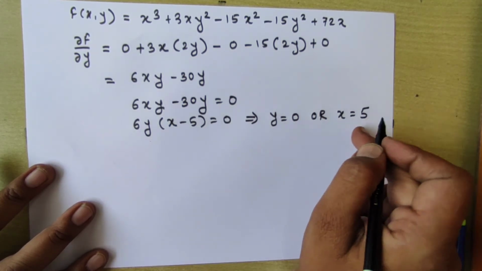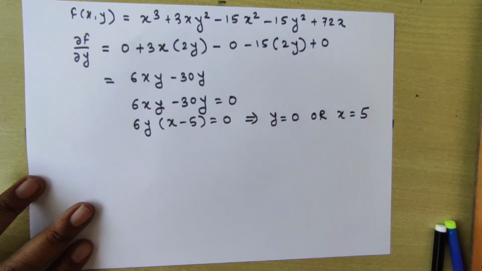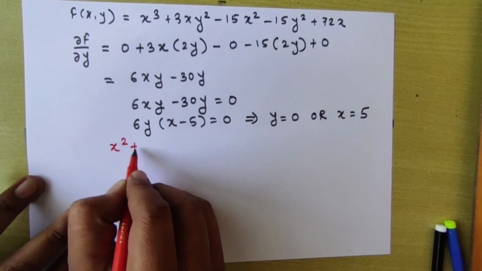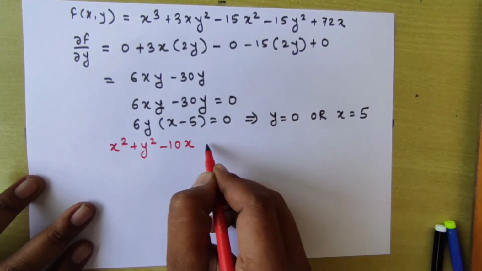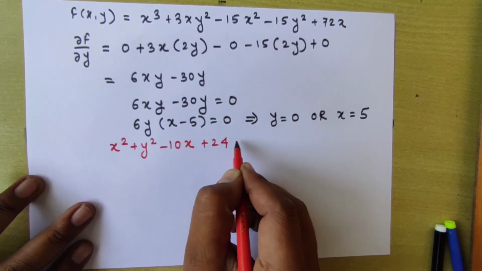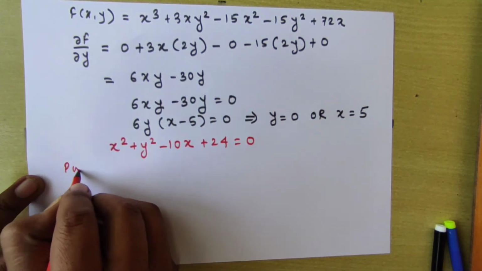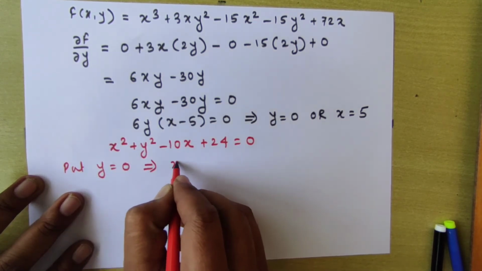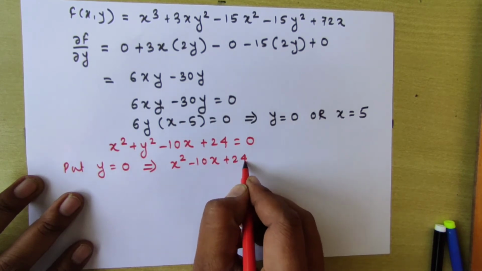By substituting these two values into equation number 1, which is x square plus y square minus 10x plus 24 equals 0: put y equal to 0 into this, we get x square minus 10x plus 24 equals 0.